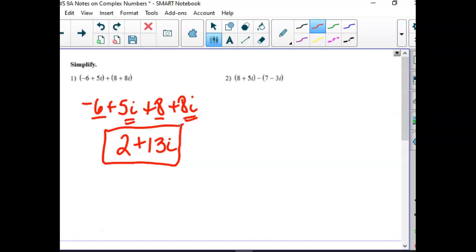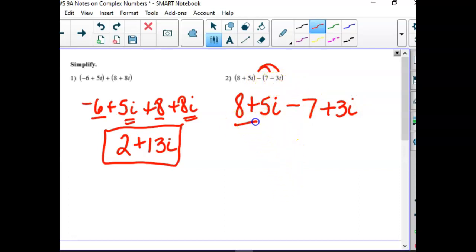Sweet. Can you get that one right? Easy peasy. Okay. The same with this one, but be careful. You've got to distribute the negative. So it would be 8 plus 5i, and then when you distribute that negative, you would get minus 7 plus 3i. Is everybody good that there was a negative 1 out there and I distributed it?